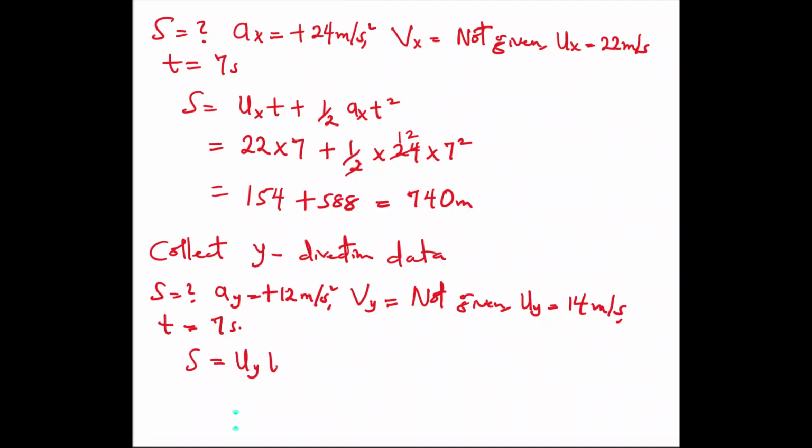So we are still going to use the same formula: s equals uyt plus 1 over 2 ayt squared.